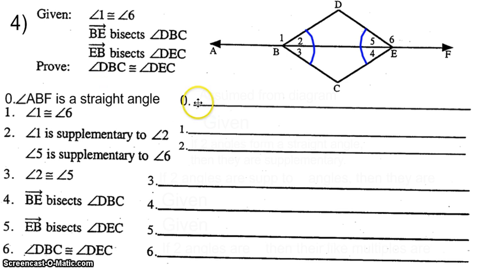So let's do the straight angle step right away. Add in angle ABF as a straight angle, and we can assume that from the diagram. Why don't you go ahead and pause and see if you can fill in the reasons for the rest of the proof.